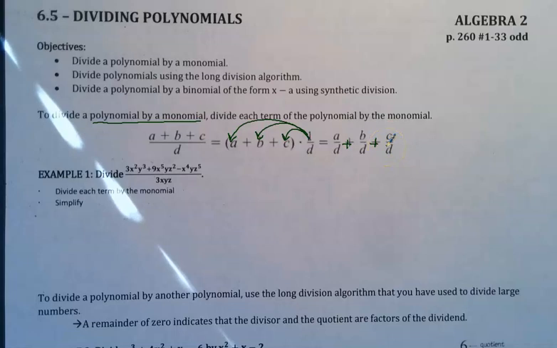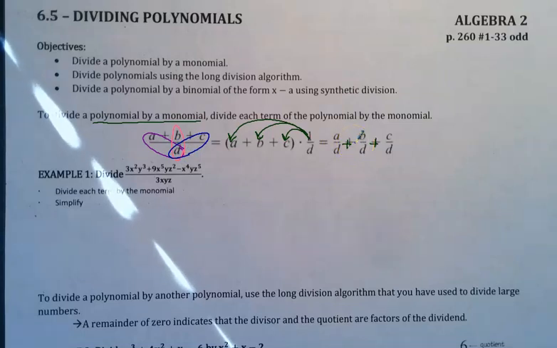Another way you'll see me notate this is a divided by d, and I would circle that, and then b divided by d, and c divided by d. Either way, it gets me the same thing.